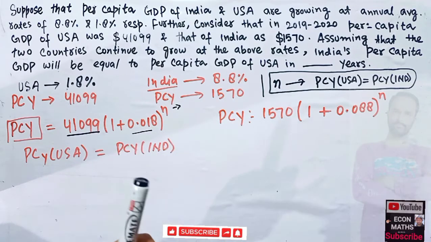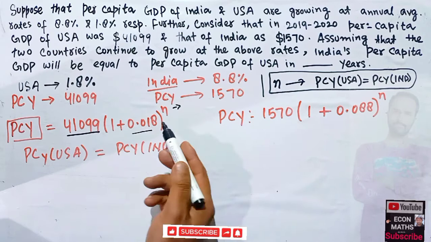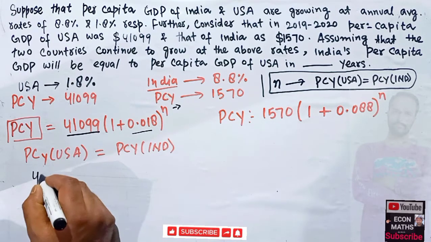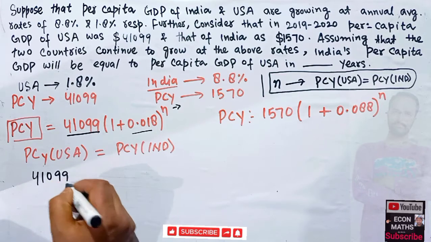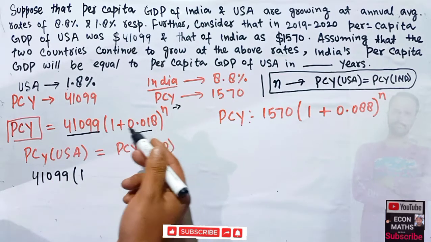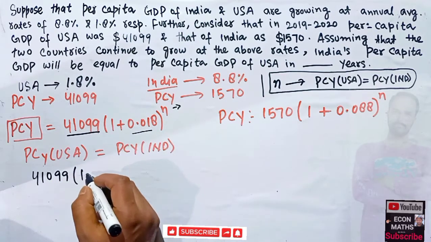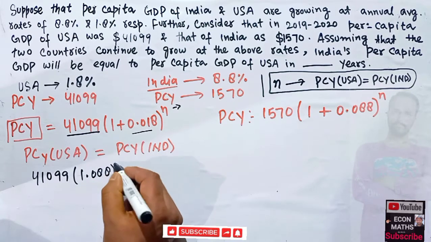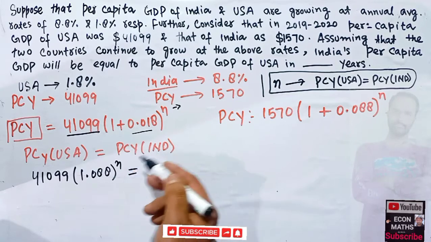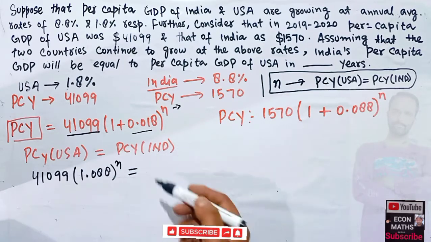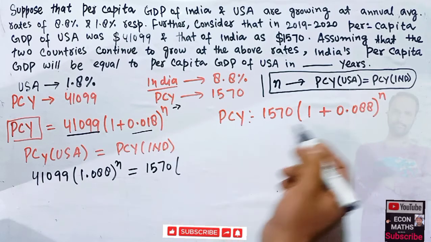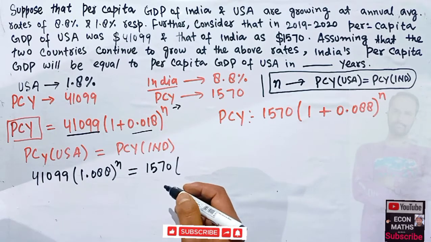This is our per capita income of USA after n years. So we write 41099 times 1.018 raised to the power n, which should be equal to per capita income of India after n years, that is 1570 times (1 + 0.088) raised to the power n.